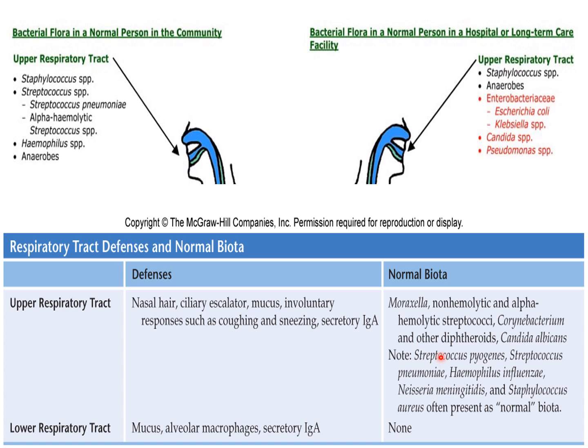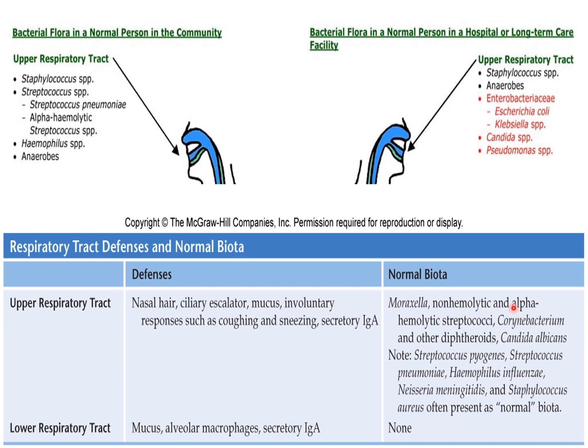Mostly we said the normal flora is composed of the Strep pyogenes, Streptococcus pneumoniae, Haemophilus influenzae, non-typable Haemophilus influenzae, Neisseria meningitidis, and Staphylococcus aureus, and they are all considered part of the normal flora or normal biota or microbiota. The lower respiratory tract does not have any normal flora, and it is a sterile environment.